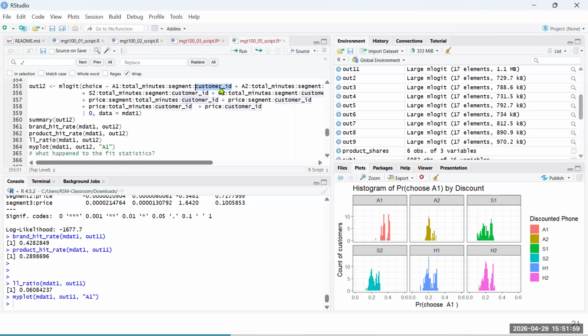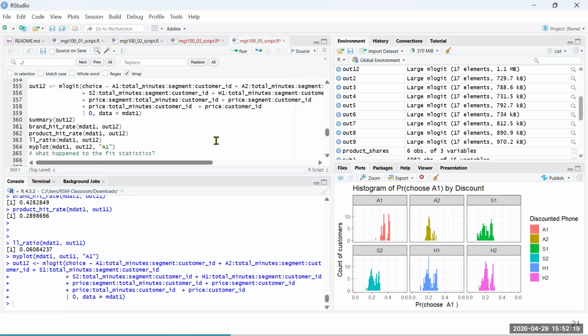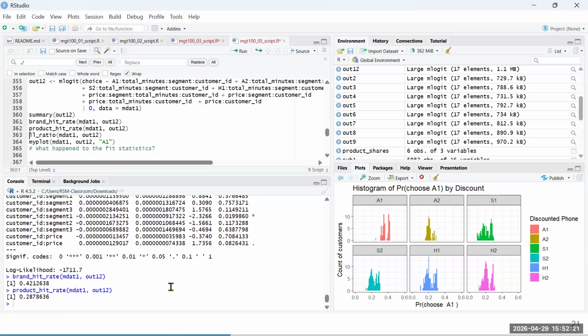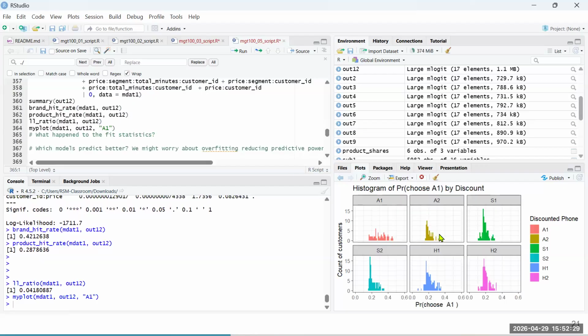So these identifiers came from the rows of the original customer data set. So the customer on row 1 is customer number 1, on row 2 is customer number 2. And I'm going to act as if that's information about the customer's preferences, which I know that it's not. And interact those. And then what happens? Product hit rate falls to 28.8%. And then we get almost a flat distribution on the probability of choosing A1.